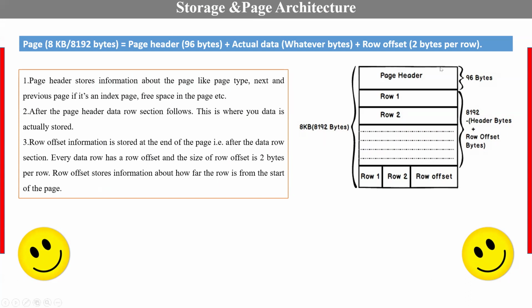Your page contains a page header, a page footer, and actual data rows. So if someone asks how data is stored in SQL Server, your simplest answer is: in the form of pages.